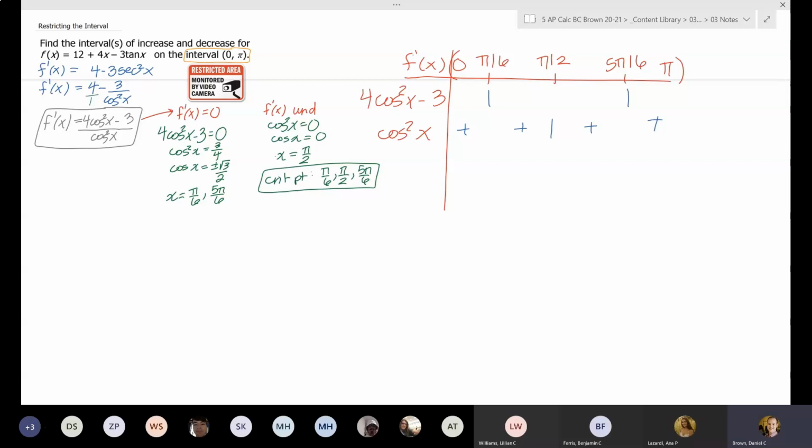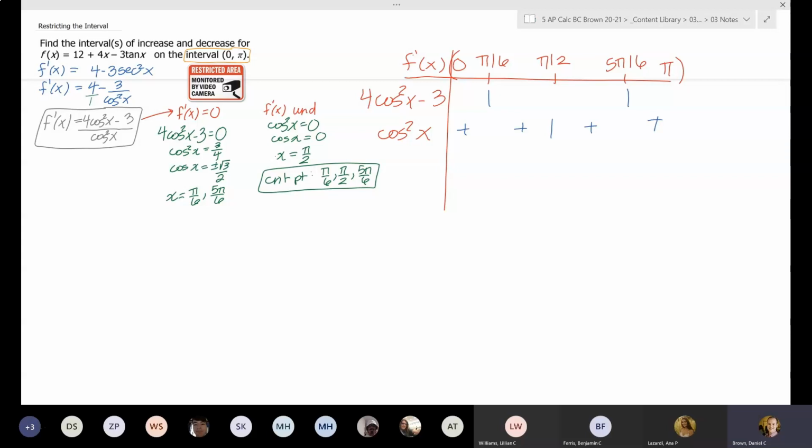But you are perfectly allowed to plug in pi over 2 because pi over 2 did not come from that factor. Also, pi over 2 is a pretty easy one to use. I can also use those intervals as well. Like 0 and pi were not critical points, and 0 is pretty close to pi over 6 to the left of it, so I can plug it in.